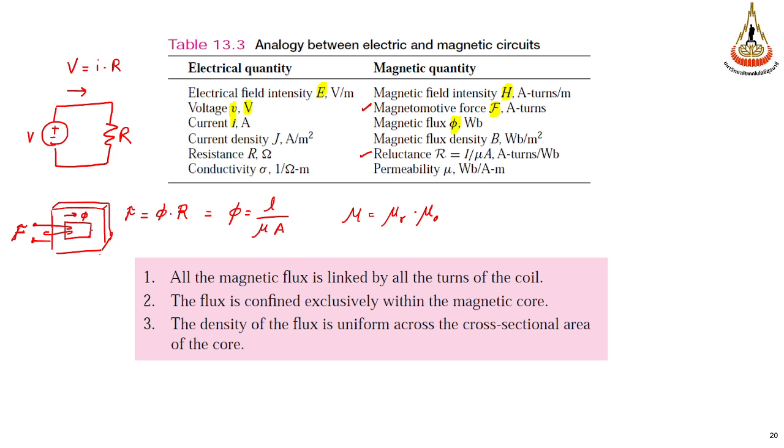So if we know the cross-sectional area, this is A, the cross-sectional area. And L is the length of the path that the flux flows through.